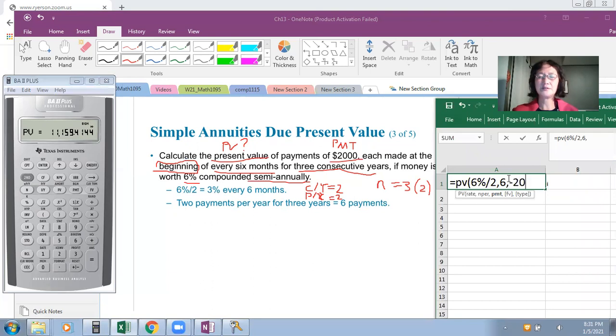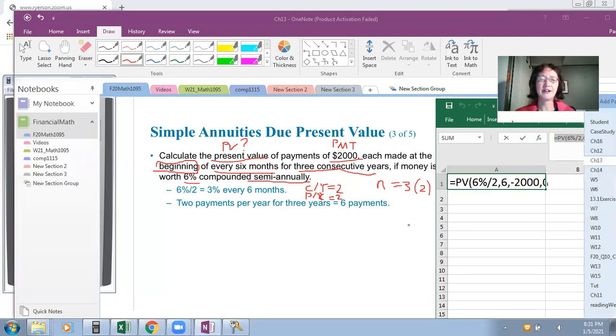PMT is negative 2000, future value 0, type is 1. 1 means begin, payment is made at the beginning. So we get the same number. And over here, you can see the formula. So this is the Excel method.